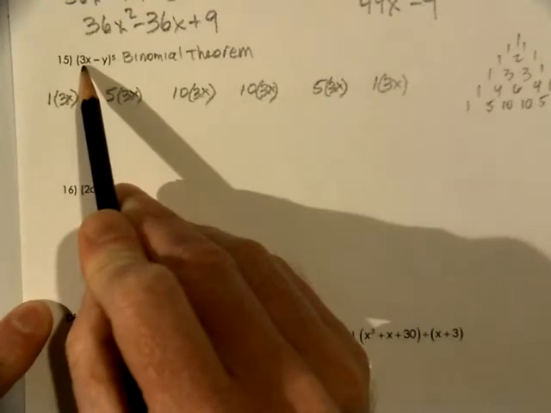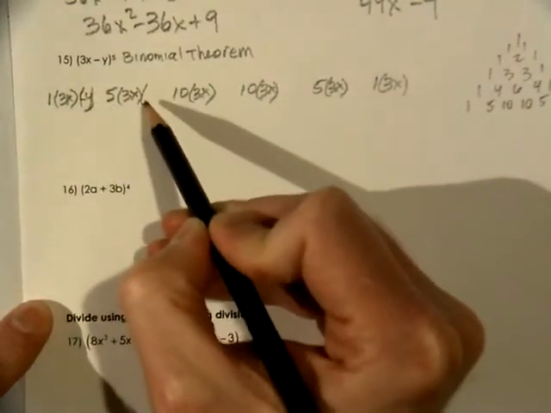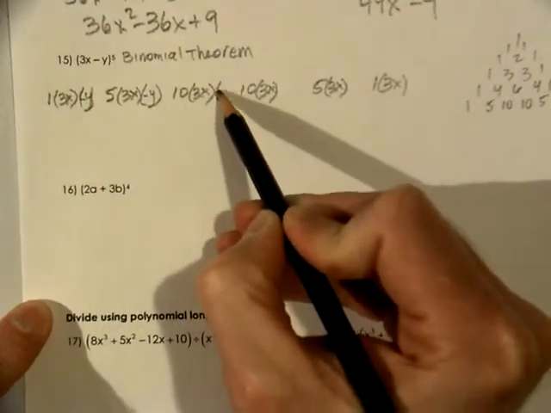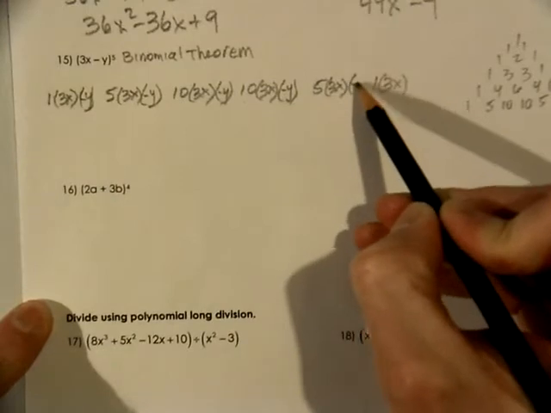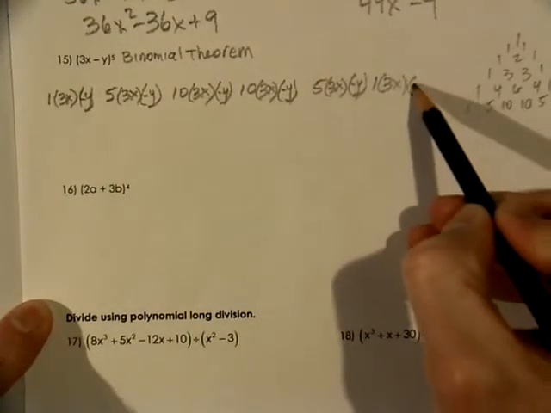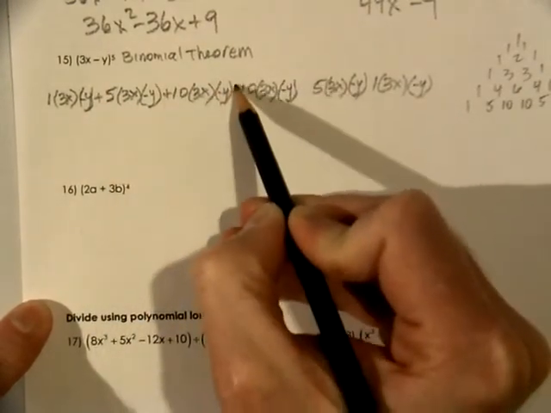Because that's your A term. Put your B term next to that. And we put pluses in between every one of them.